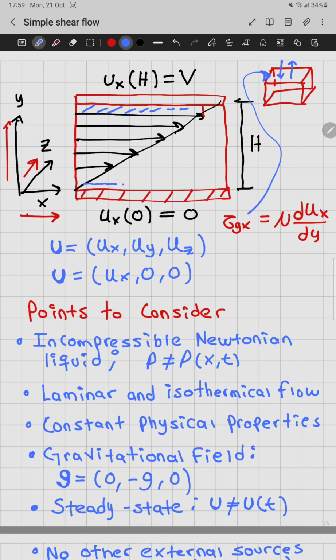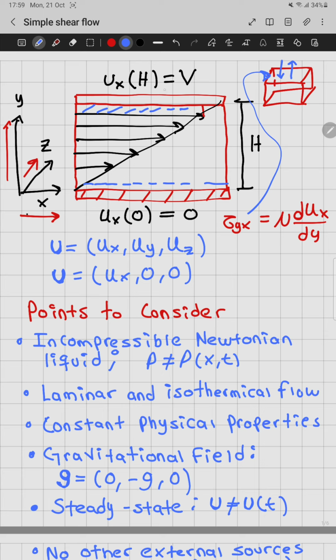However, the layers of fluids that are close to the bottom plate are not going to move, or they are going to move with a low velocity value, and this is because the bottom plate is fixed. So in simple-shear-flow, fluid will move due to the velocity of the top plate.